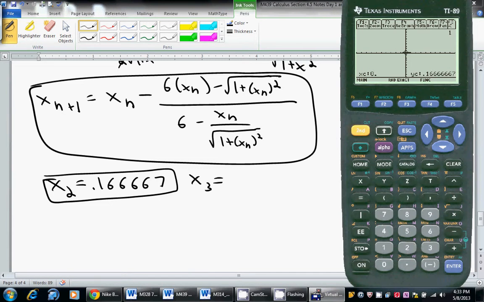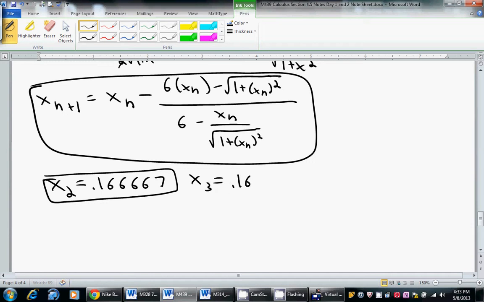Let's keep going. Plug in 0.1667. Whoops, too many sevens. Okay. And for x sub 3, I get 0.16903039. Let's keep going.